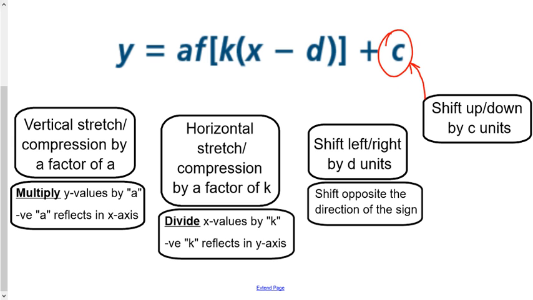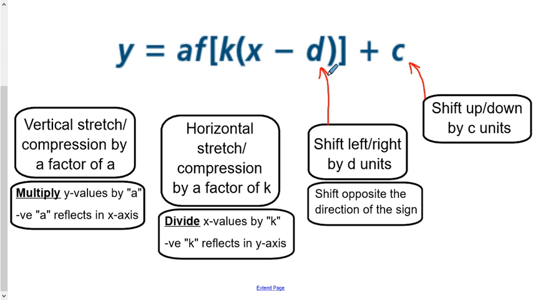If it's a positive value there, then we know that means we are shifting up. If it's a negative value, it means we're shifting down. So that's going to shift us up or down by c units, however many that is. Our next easiest one is our horizontal shifter. That's this one right here. So that's going to shift us left or right, no matter what the function is, by d units.